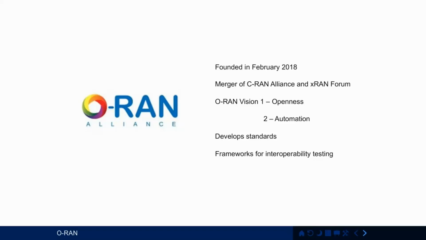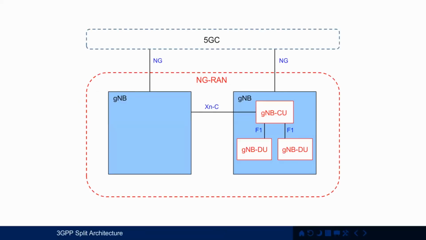So what's been produced? Well, within the 3GPP environment, we've got what is now referred to as a split architecture. When we look at the next generation node B, we are actually splitting the system up into the centralized unit. So we have a gNB-CU, and then we have the 3GPP defined open interface, F1, connecting to our distributed units.